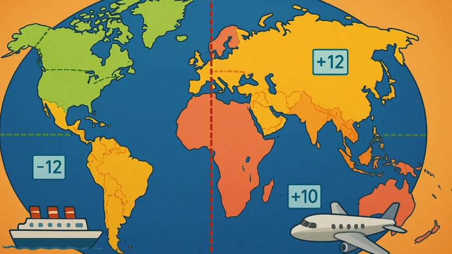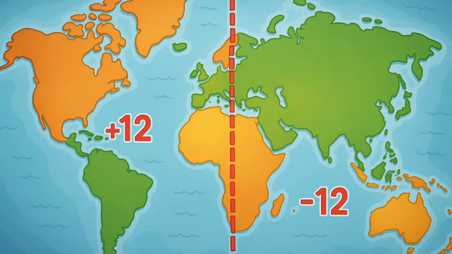As you can see on the map, the +12 and the -12 time zones touch each other at this line. If you cross it by ship or plane, you need to change the date in your watch. If you cross it traveling eastward, you subtract a day, say, from Monday to Sunday.